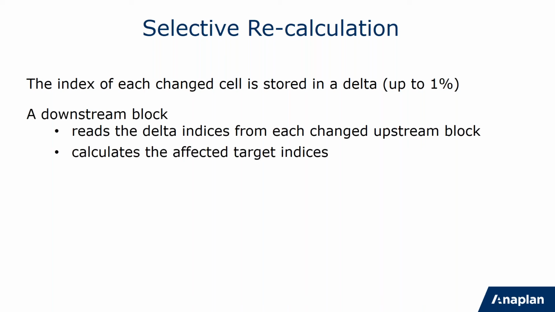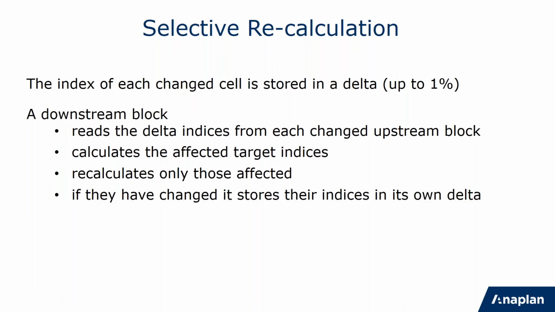And when we're recalculating a downstream block from there, we read the delta indices from each changed upstream block. And we look at the upstream indices and we say, okay, if that particular index in the upstream block has changed, that means that these indices in the downstream, in the thing I'm calculating, need to be recalculated. It goes off and it recalculates those. And I've got an example of that later on that I'm going to show you.